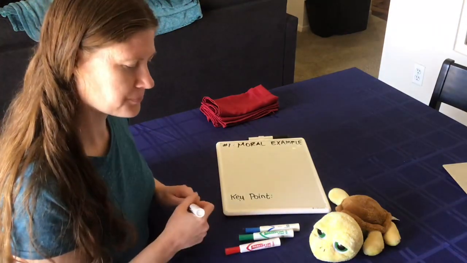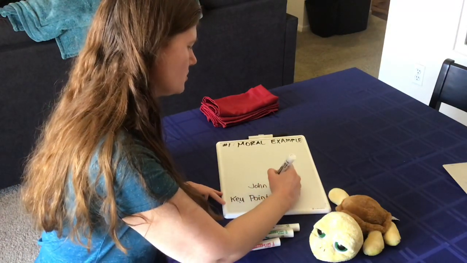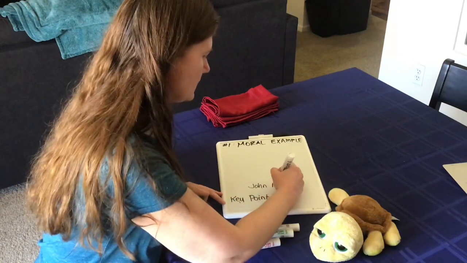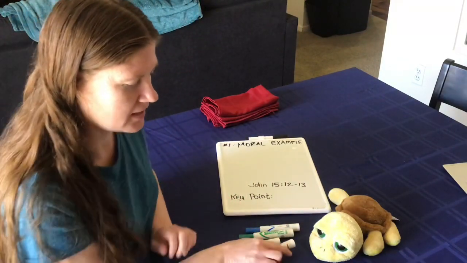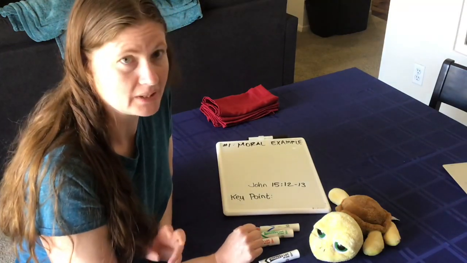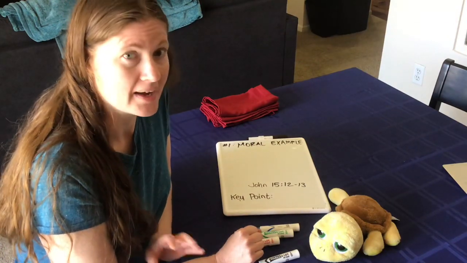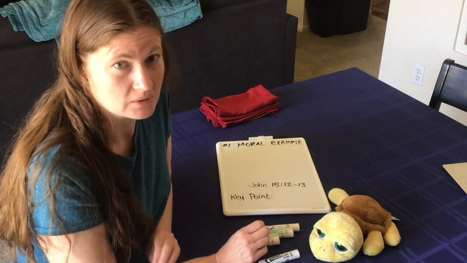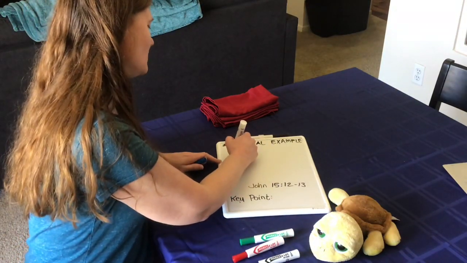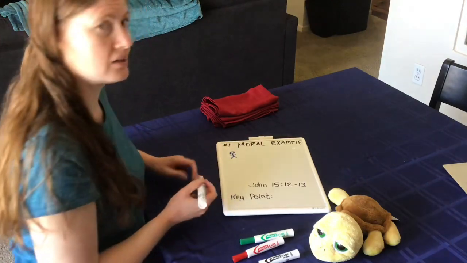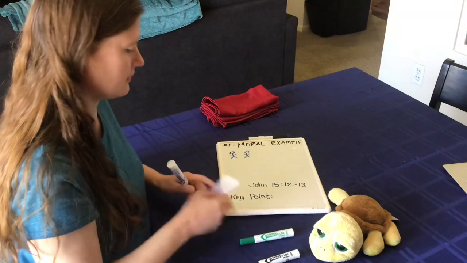Because in John, let me put the verse down here to begin with. In John 15:12-13, it says that his commandment for us is that we love one another as he has loved us. And so what God desires for us is that we show love for one another. But the problem is that human beings, because of sin, do not naturally love one another.